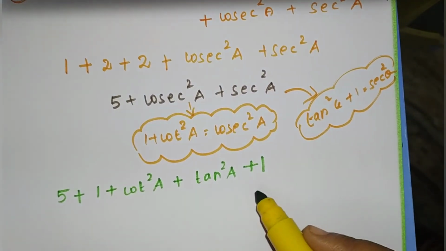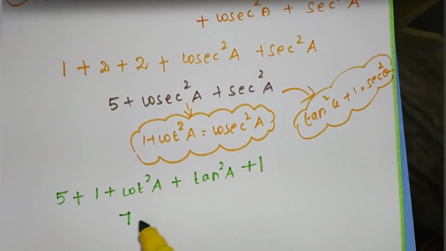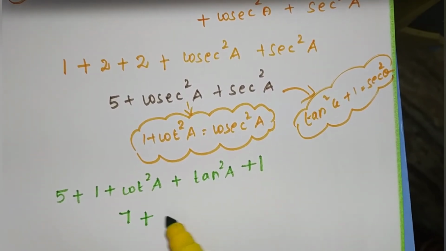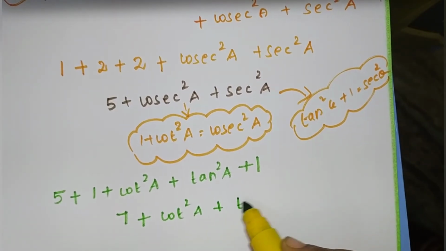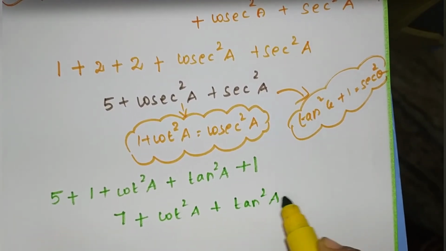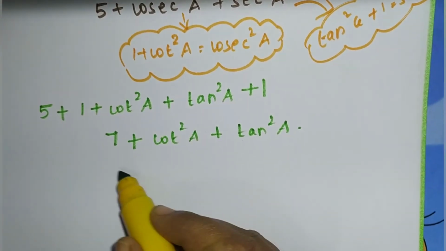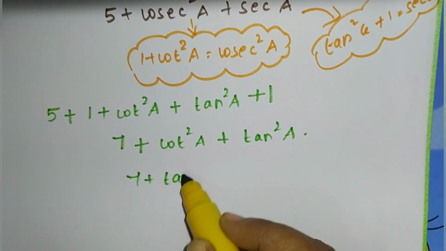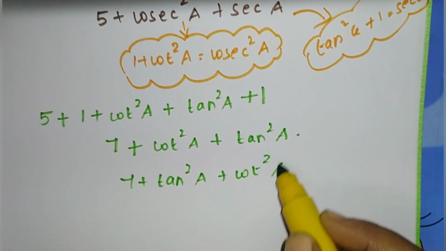Add all the numbers. 5 plus 1 plus 1, that is 7, plus cot square A plus tan square A. See what we have to prove: 7 plus tan square A plus cot square A. Is it correct now? Yes.